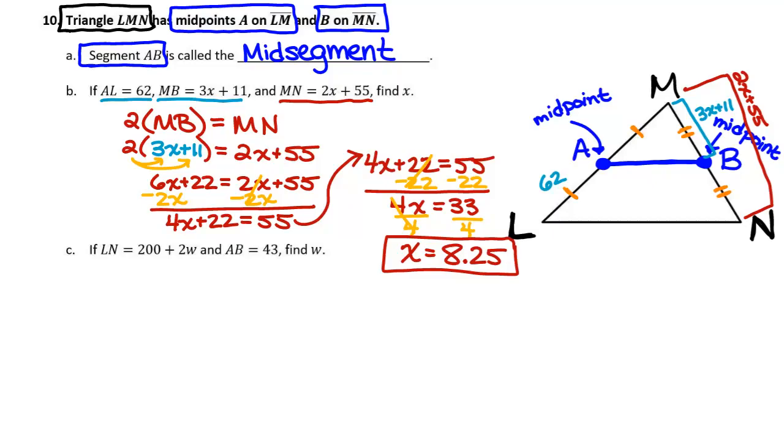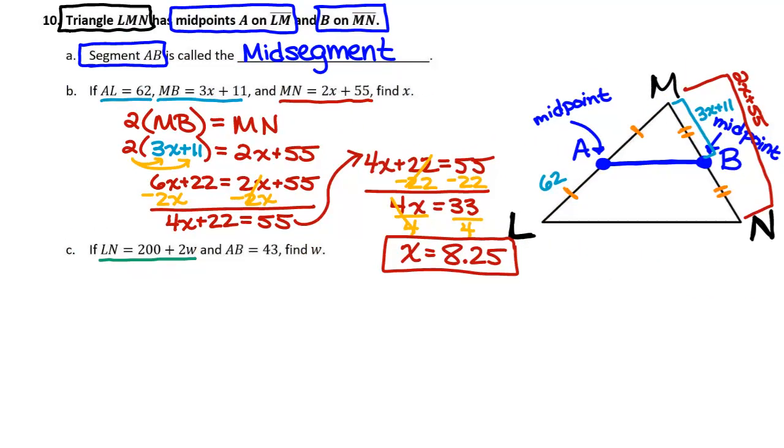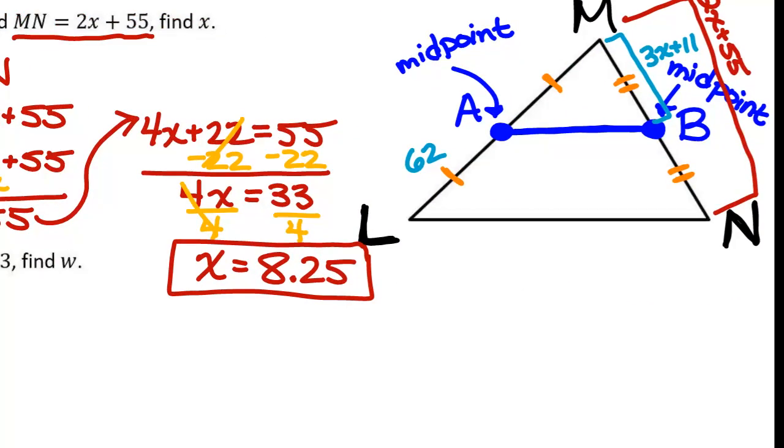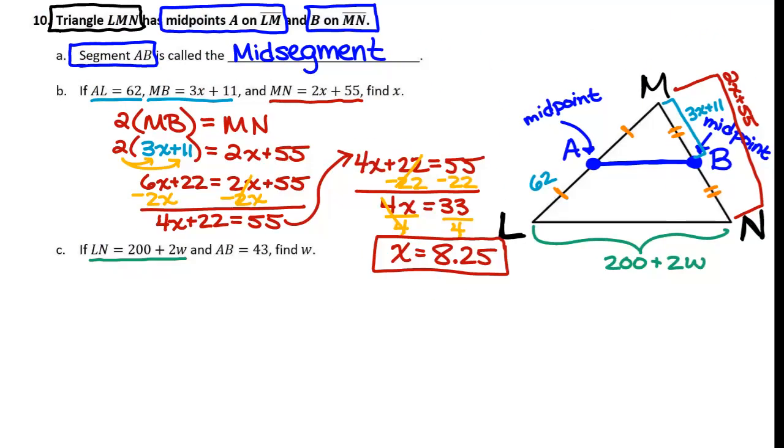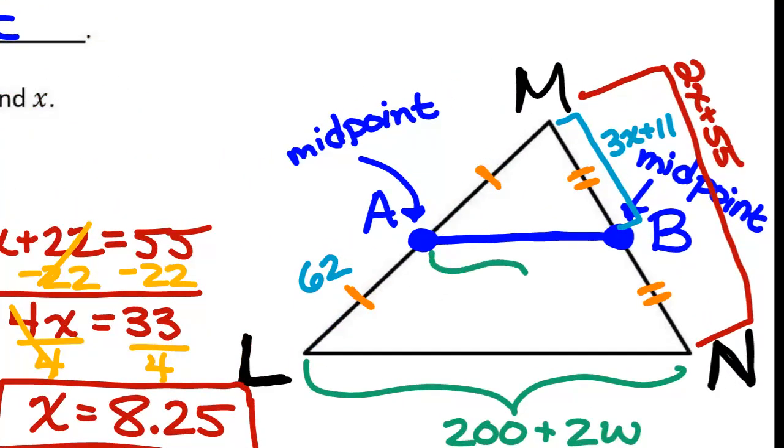All right. And then part C. Part C says if LN equals 200 plus 2w, so LN, this right here, 200 plus 2w, and AB is 43, so this right here is 43.